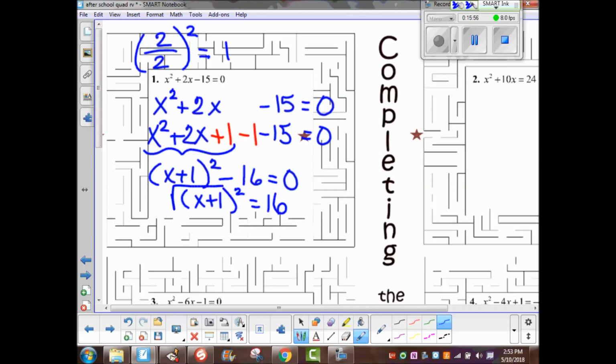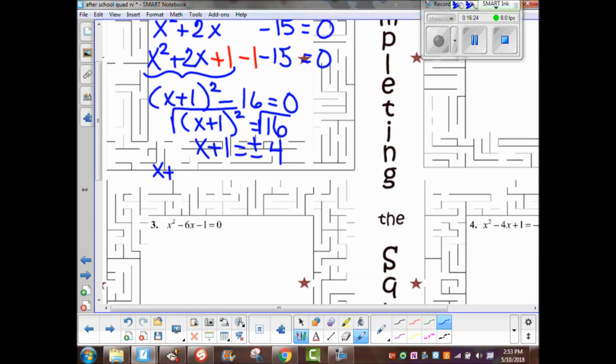Now I can take the square root, because what's being squared is now isolated. That's when I can take the square root. So I've got x plus 1 equals, but when I take the square root in an equation, I've got to remember plus and minus 4.